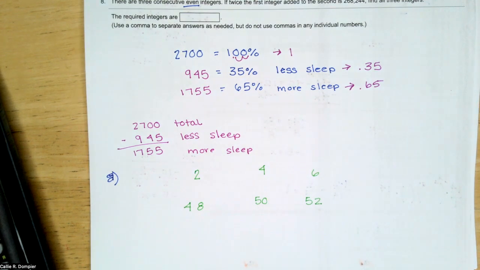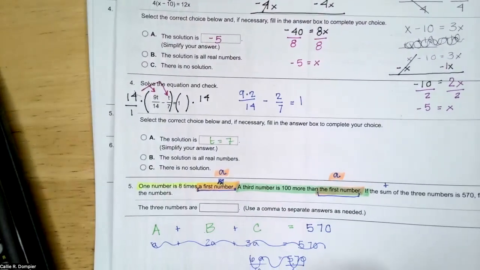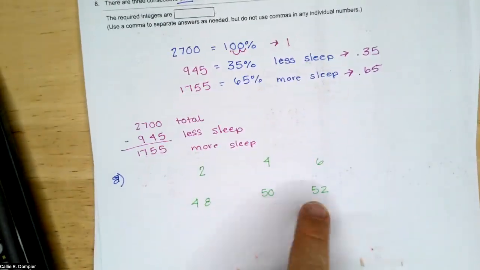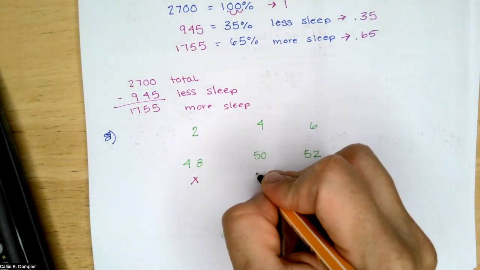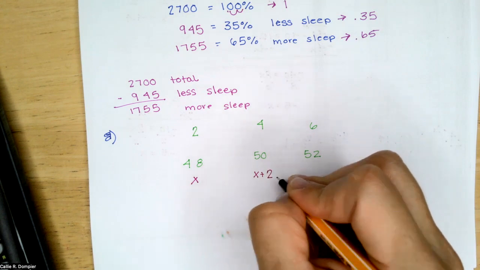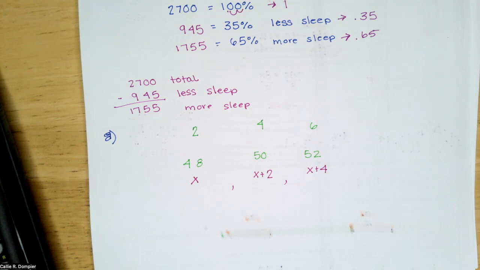Just like back with question 5, we want to put all of these integers into one variable. So 48 could be x, 50 could be x plus 2, right? And 52 is x plus 4. Those will be consecutive even integers.